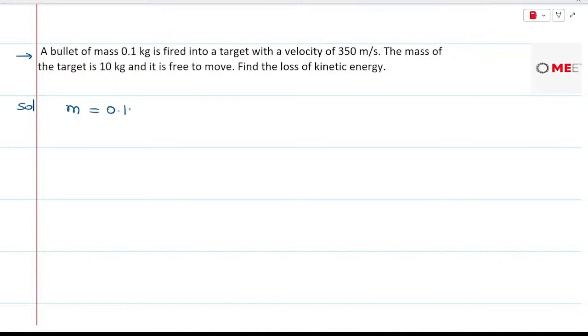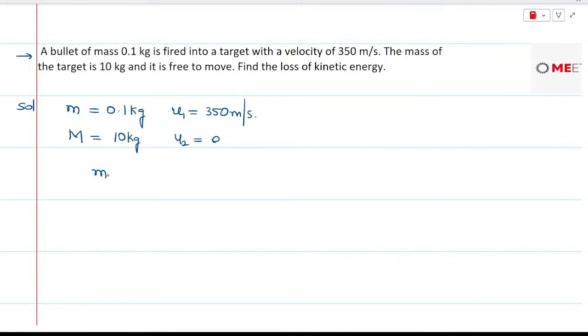So mass of the bullet is 0.1 kg, velocity is 350 meter per second, and mass of the target is 10 kg. Let me write the initial velocity, as we are required to know the loss in kinetic energy. Initially the target mass of 10 kg is at rest, that is u2 is 0.